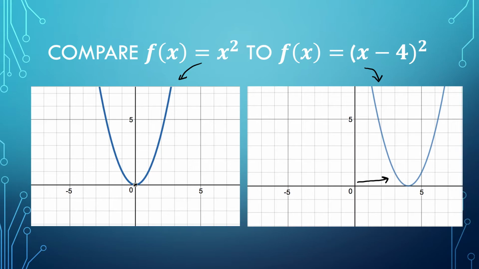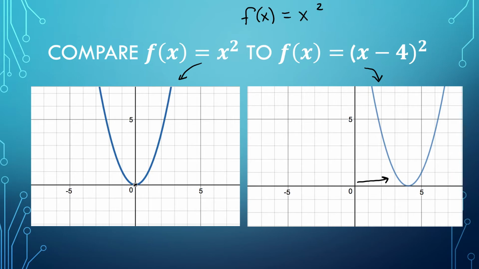So there's two things that we want to point out here. In order to get from the x squared graph to the x minus 4 squared graph, what needs to happen is you need to take your original graph and make a substitution.